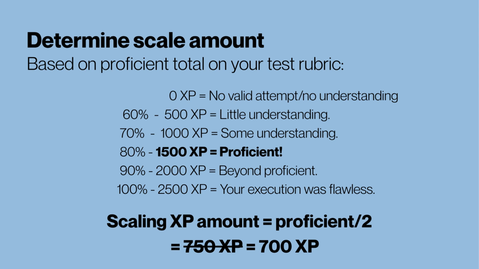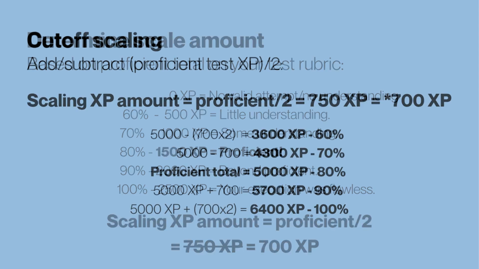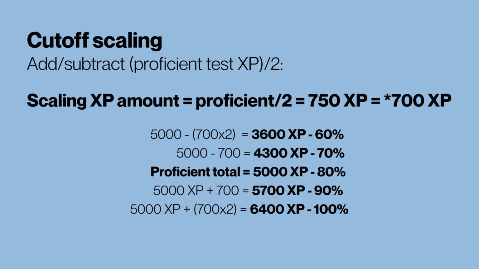Then even if you change the amount of points in the rubric, your scale XP amount will be proficient divided by 2. Again, here that's 1,500 divided by 2 or 750. And then I don't like messing with the 50, so I round that down to an even 700. To scale, we just add and subtract 700 from each total, starting with that 80% total.